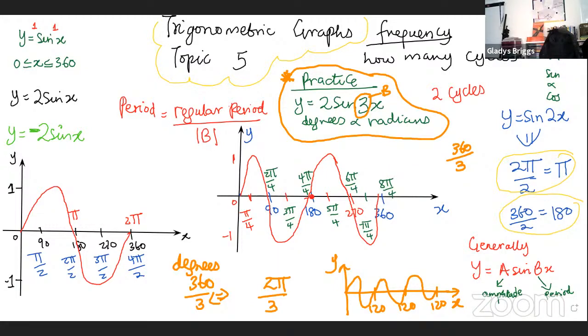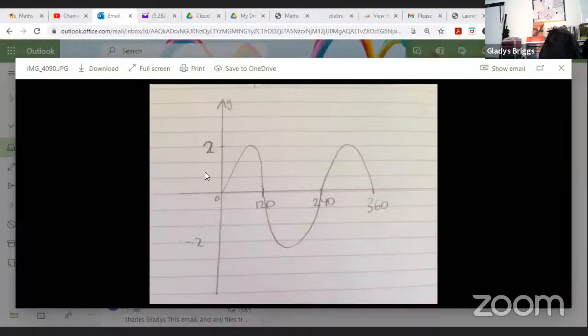So this is your amplitude. y is equal to 2 sine 3x, okay? And what you need to do here is, I don't have my pen, so it's going to look funny. By the time you get to 120, you should have completed one cycle. So 120 is actually one cycle.